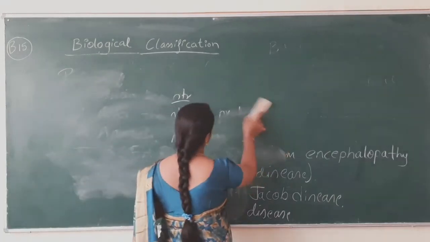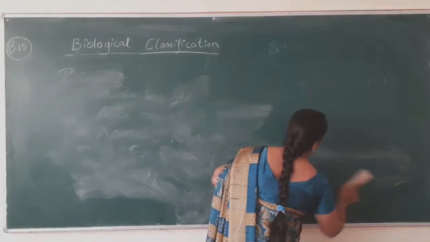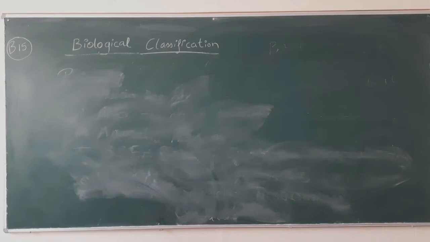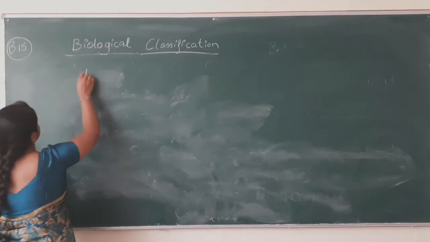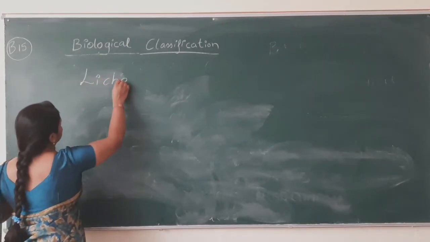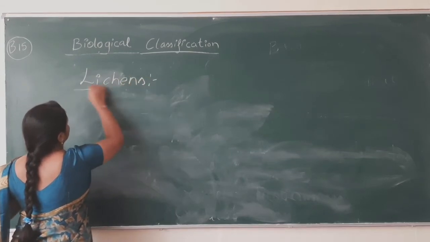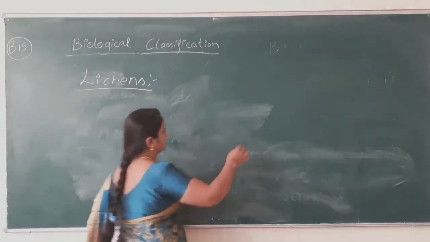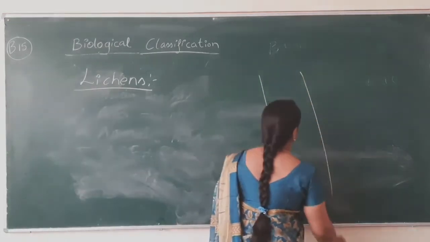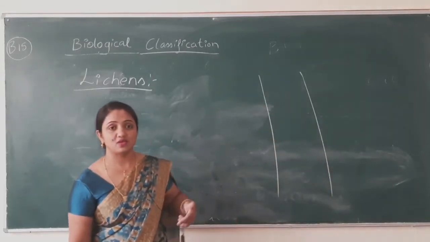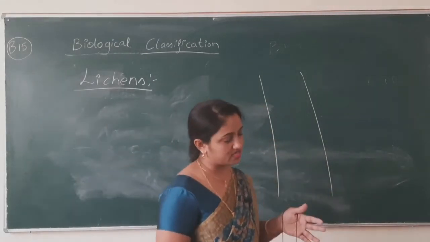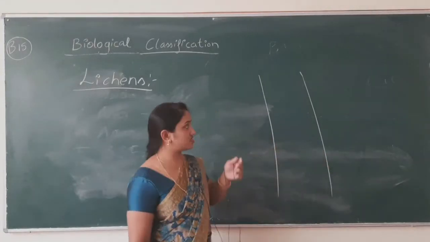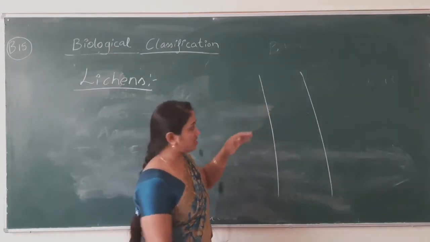So at last we are going to learn the last concept of this chapter, that is lichens. Maybe you have seen on the tree trunks or on the rock surfaces, the lichens usually grow.